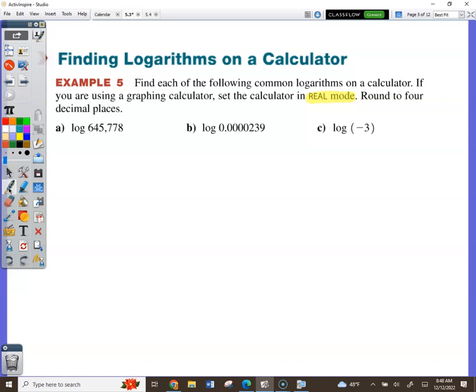Look and see if it says A plus BI highlighted. If it does, you need to change it to real. And then you are just typing these three in. Notice there is no base here, so it's understood to be 10, which means we can use what? The log button, right? We can use the log button.